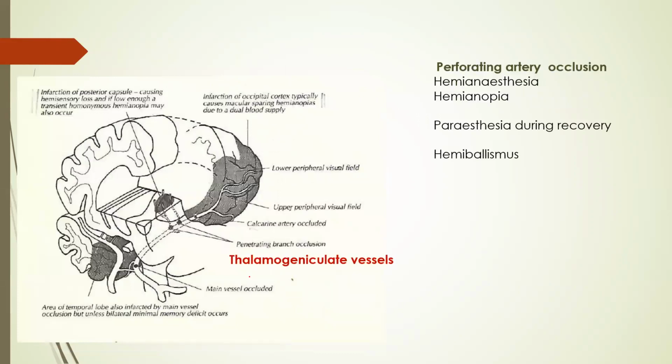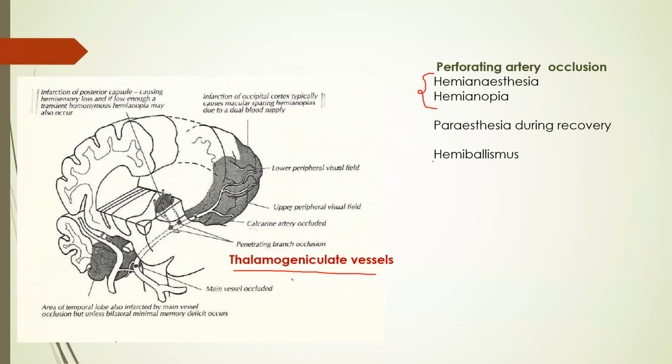With perforating artery occlusion, we mainly mean the thalamo-geniculate vessels, and this has more specific abnormalities in the form of hemianesthesia and hemianopia, because it involves the sensory regions of the thalamus and also the visual field. But the problem is that during recovery from hemianesthesia, they may have very severe paresthesia, which may be very painful and difficult to control with medicines.